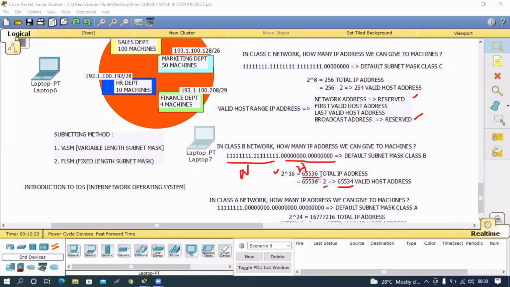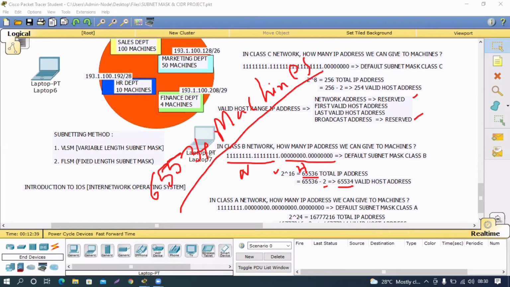So how many machines can you give an IP address in a class B network? 65534 machines. All these machines will belong to the same class B network.